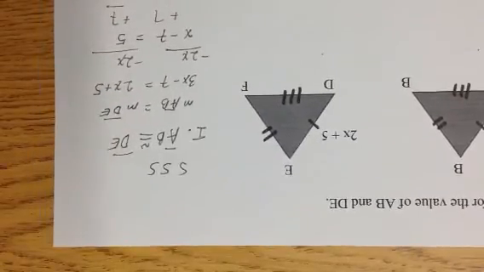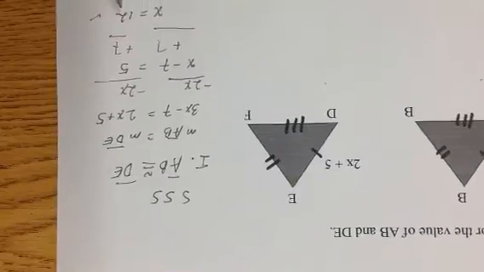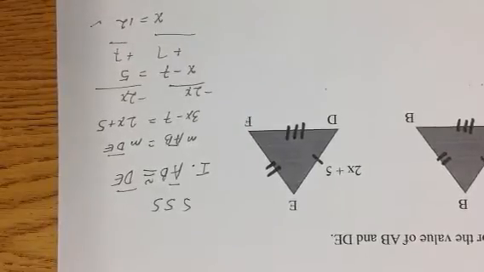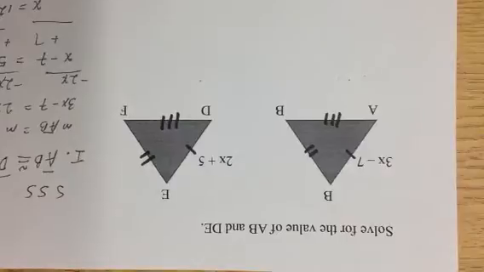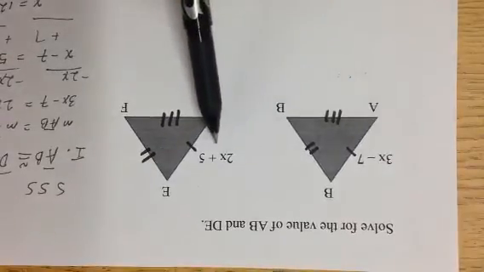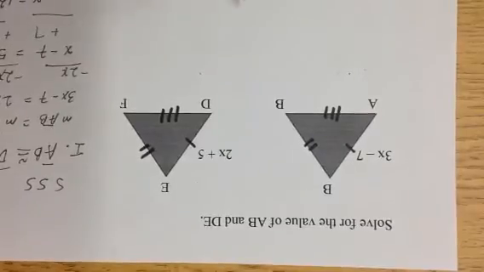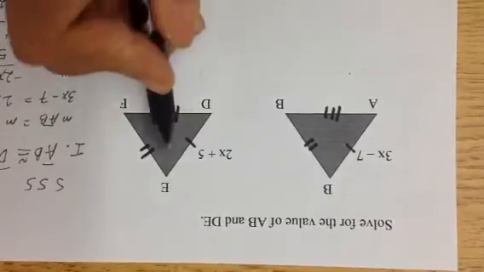Now we've solved problems like this before, and what we said was once we get our value for x, we're going to put it in our easier expression. So we have a choice of 3x minus 7 or 2x plus 5. And so I'm going to take the 2x plus 5. So I'm going to solve for DE.